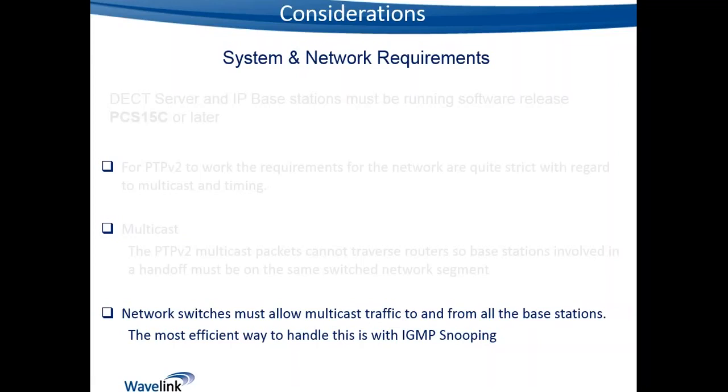The most common way that this is done is with IGMP snooping, which is Internet Group Management Protocol, and essentially that's a feature on pretty much any managed switch, which means that the switch can intelligently learn which devices connected to the switch are using multicasts, and then only send that multicast traffic to those devices that require it and are actually involved in that multicast exchange of traffic.